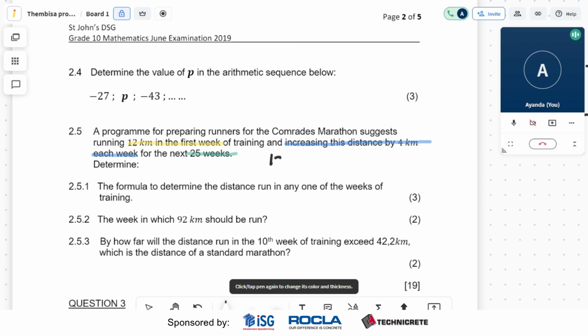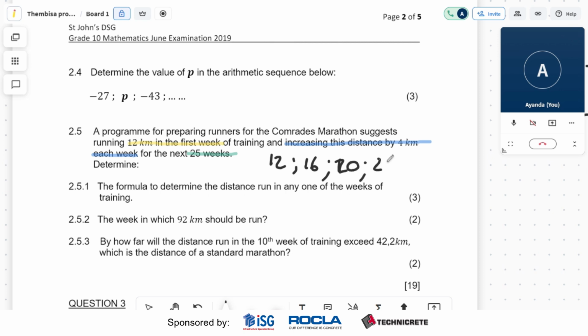So we're going to start off at 12. And for the next week, we're going to have 12 plus 4, which we know is 16. So that's 16. And we're going to add another 4 kilometers, which is going to be 20. And 24, etc., until we get to 25 weeks.